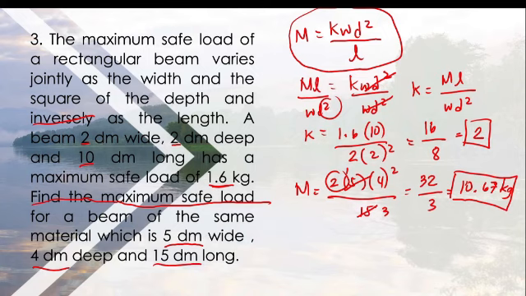So, the maximum safe load for a beam of the same distance given by the 5 decimeter wide, 4 decimeter deep, and 15 decimeter long is 10.67 kilograms. Okay, so ulit-ulitin lang natin ang video na to para masanay tayo for the joint and the combined variation.